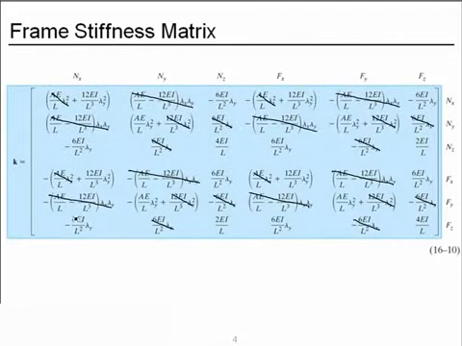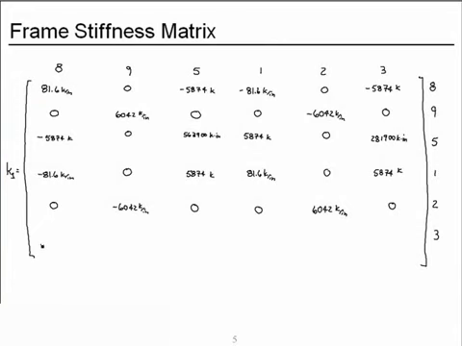First column of the last row is a minus 6EI over L squared, and the fourth column is a positive 6EI over L squared. So we have a minus 5874 kips and a positive 5874 kips.